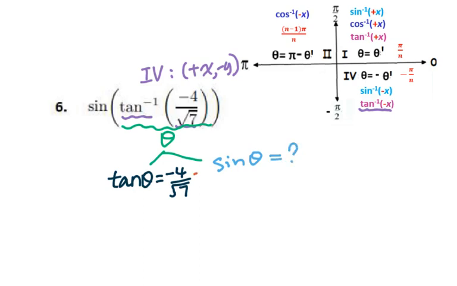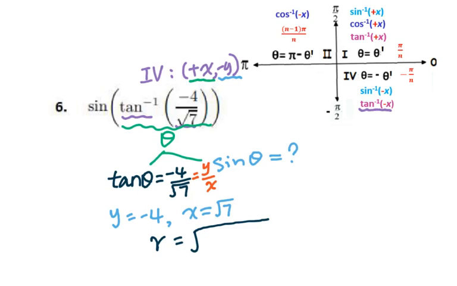We label this one into y over x. Remember that x is a positive and y is negative. So we got the y equals negative 4, x equals the square root of 7. Therefore, r equals square root of 7 squared plus negative 4 squared.